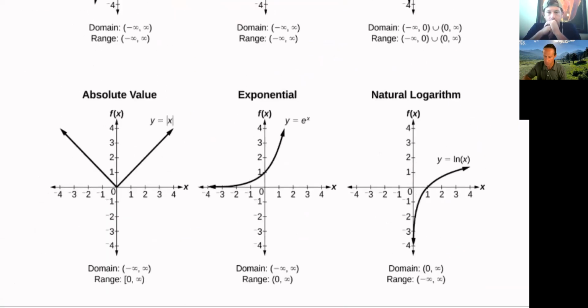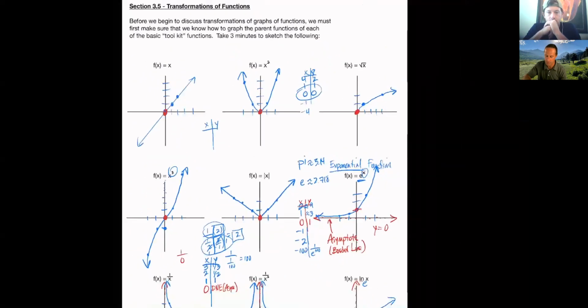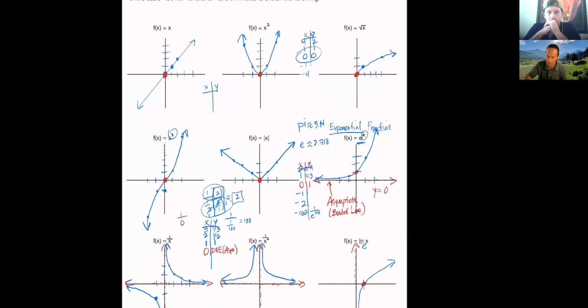You can probably guess which ones of these are even versus odd. What do you think on this one? Well, look, it's x to the first. That's odd. This is x to the second. You get the same thing on the right as you do the left. It's what is called symmetrical about the y-axis.